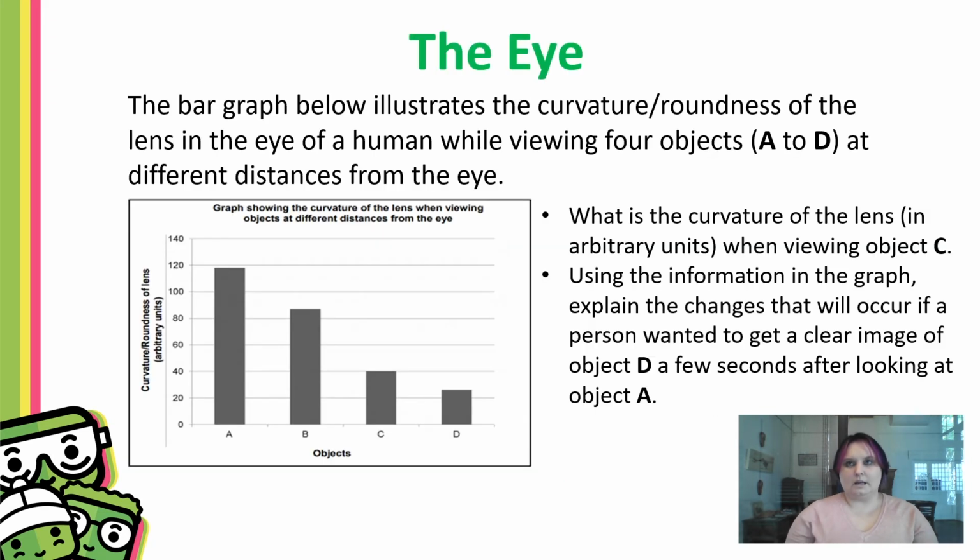So they often ask questions about the eye, so it's very important that you understand how to label a diagram of the eye and what the functions are of the different parts of the eye. And then there are two parts of how the eye works that they like to ask about.